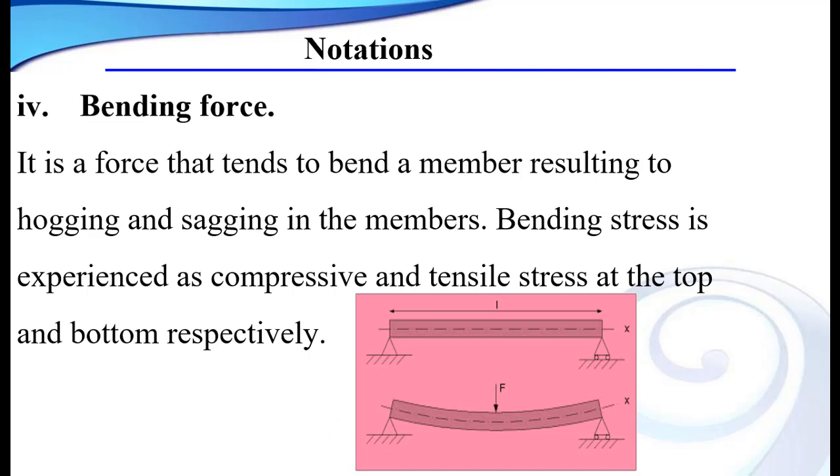Number four, we have bending forces, and this force tends to bend a member, resulting in hogging and sagging in the member. We can experience bending stresses as compressive and tensile at the top and the bottom, respectively.